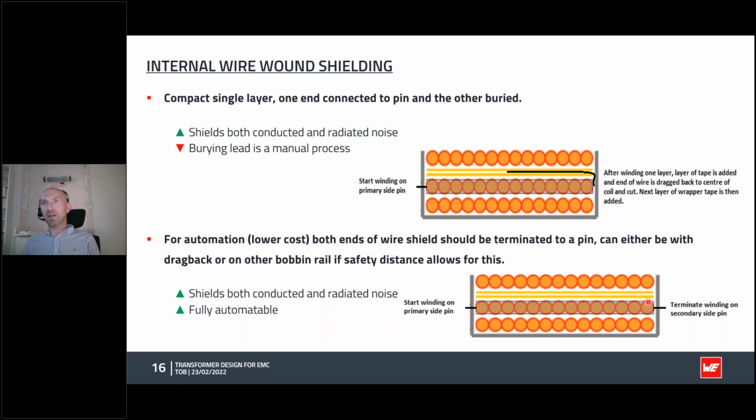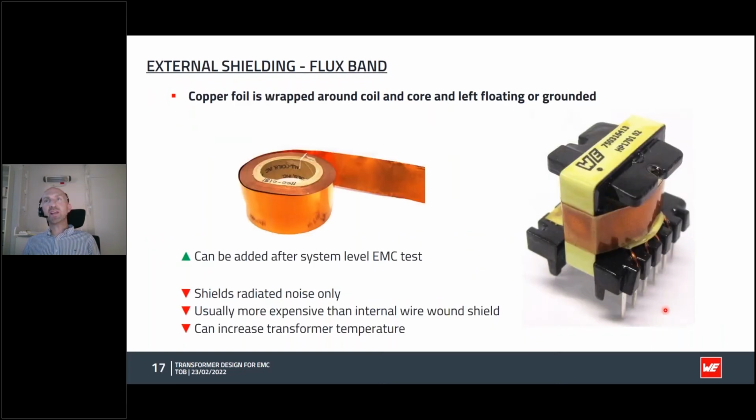And that is quite a cheap and clever way to implement this shield. Maybe not, as I mentioned, quite as good results, but it can be very good and very cost effective if we have a spare pin to terminate to on the primary.